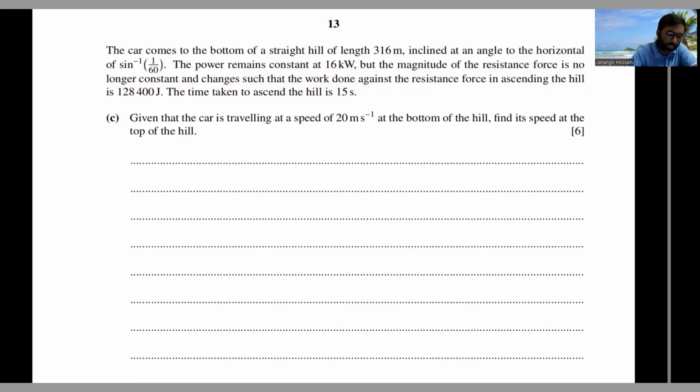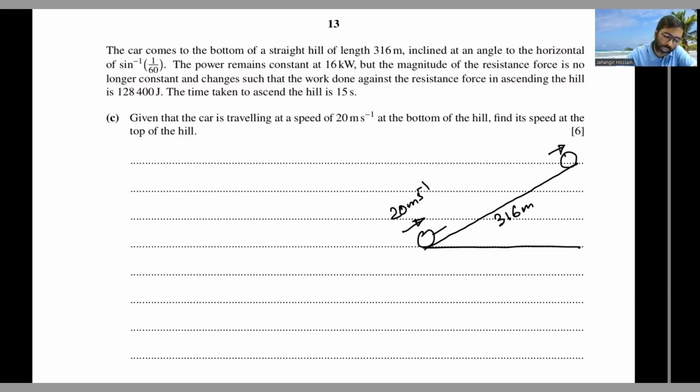So, let's see what is happening here on the rough diagram. It is moving at the speed of 20 here, and it travels a distance of 316 meters. We have to find the speed at the top of the hill.